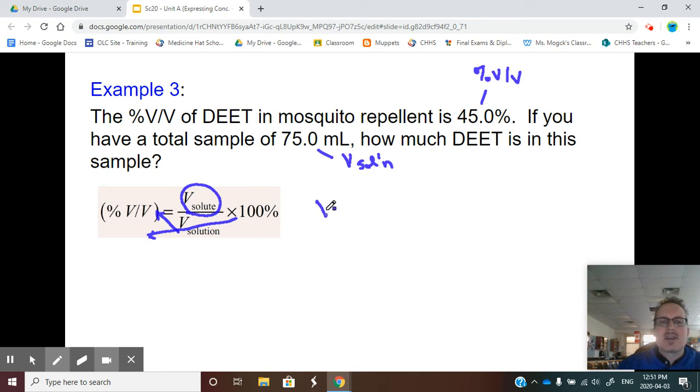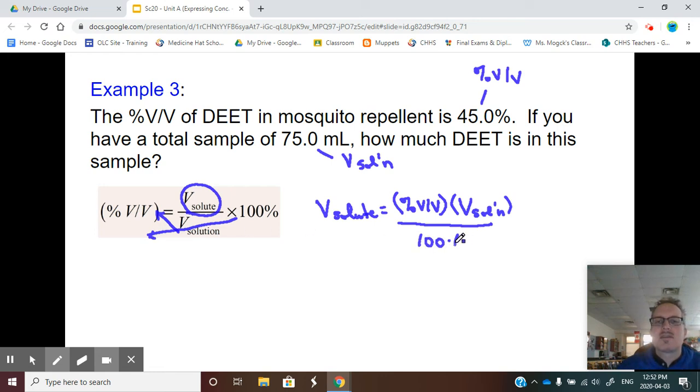So let's write this out again. V solute equals percent by volume times V solution comes up. So we're going to multiply by V solution. And we're currently timesing by 100. So when we cross, we're going to divide by 100.